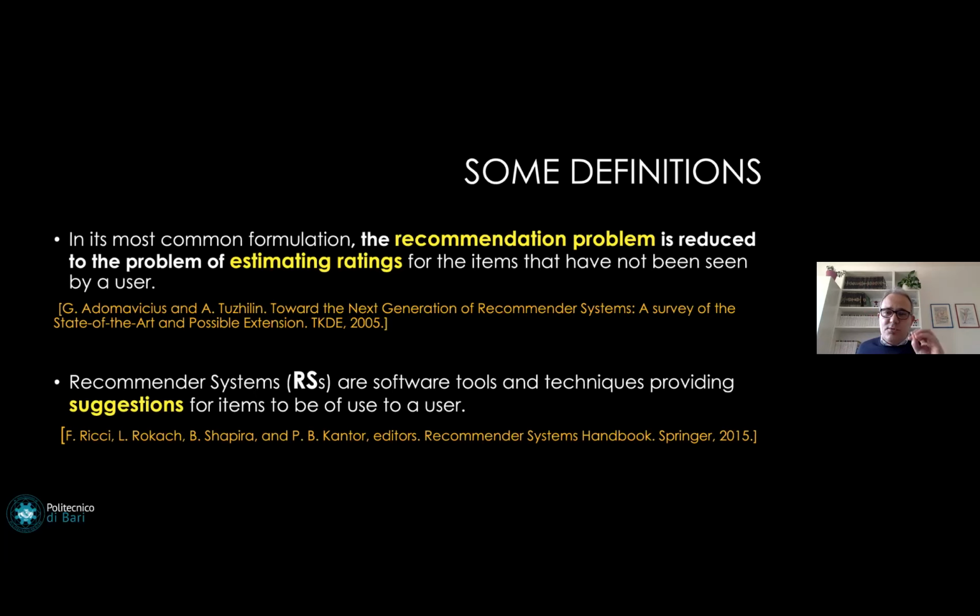By using this notion of utility, we can shift the problem from a rating prediction problem to a ranking problem. By considering this utility function, we can compute a ranking of items which are likely of some interest to the user.